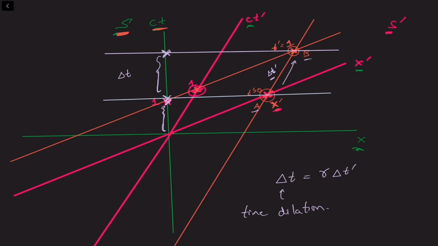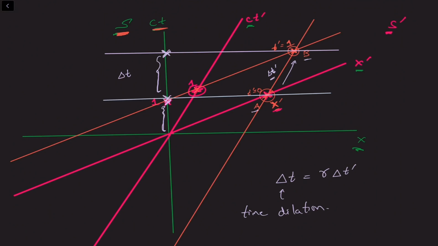Now, once again, you can construct a similar argument for a clock which is stationary in the frame S, and you could show that in the frame S prime, that clock in frame S would appear to run slower compared to the clocks in frame S prime.